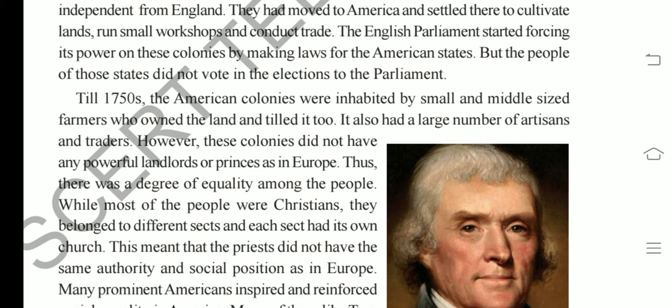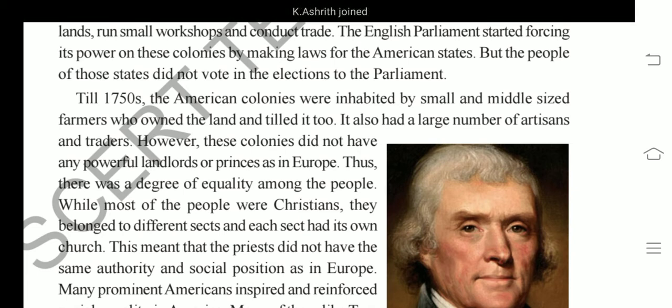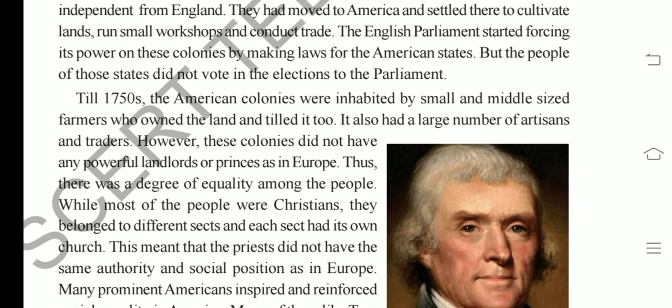It means that they did not have a priest with authority. Understand? The priest in Europe was given complete authority over the people. Whereas in these 13 states of America, the priest did not have authority over people, and there was no social position for the priest. The priest was also considered an ordinary person in the 13 states of America.